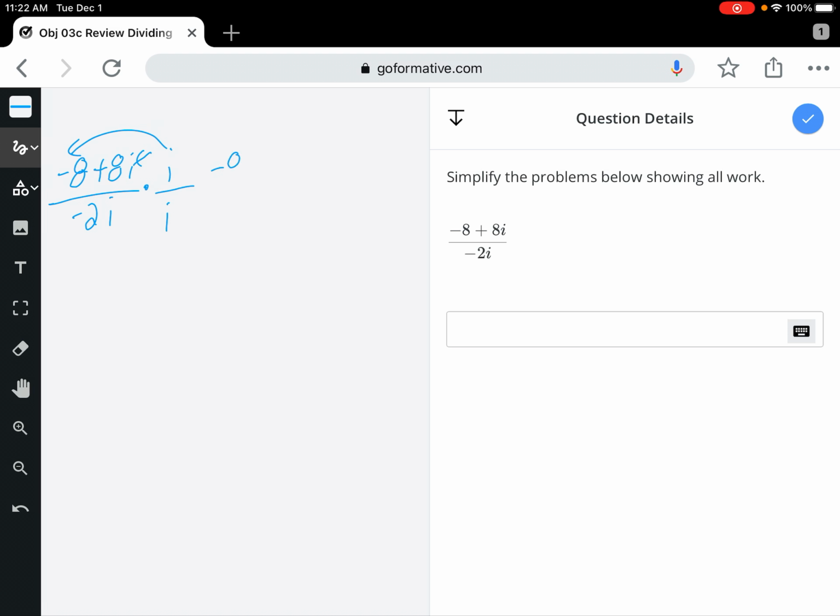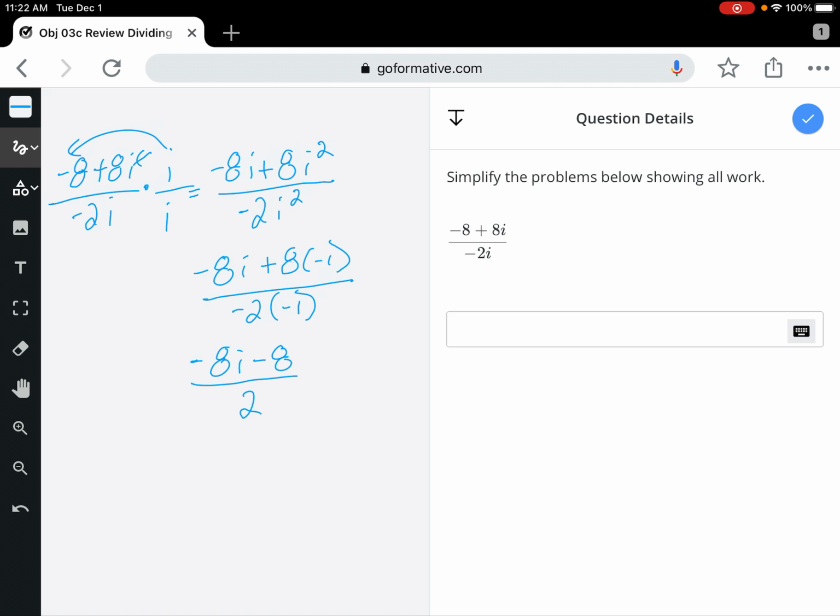Okay, so this is going to be negative 8i plus 8i squared over negative 2 times i squared, negative 8i plus 8 times negative 1 over negative 2 times negative 1, negative 8i minus 8 over 2. I look at this and there's a greatest common factor. 2 actually goes into negative 8 and 2 goes into negative 8. So that's what I'm going to do.